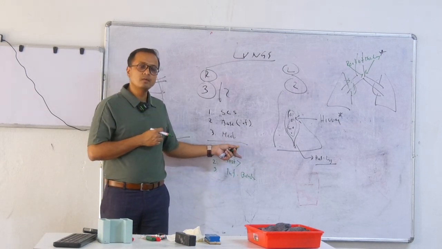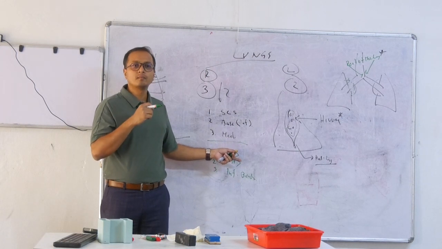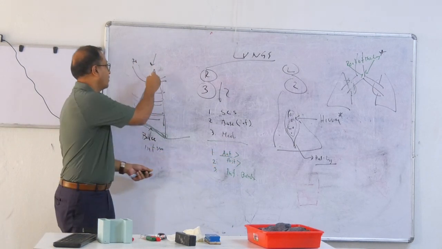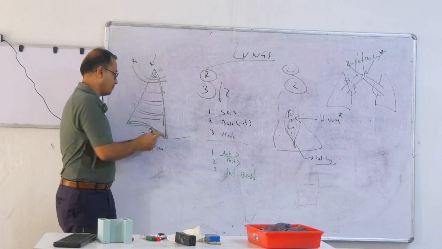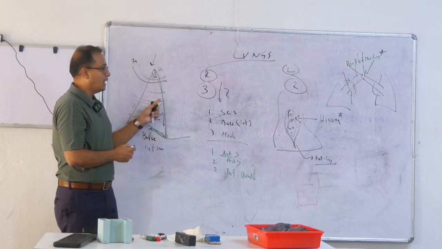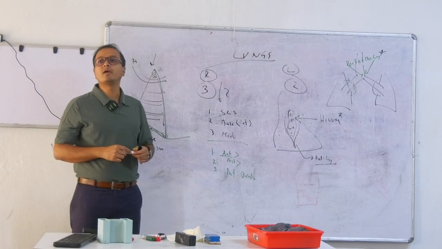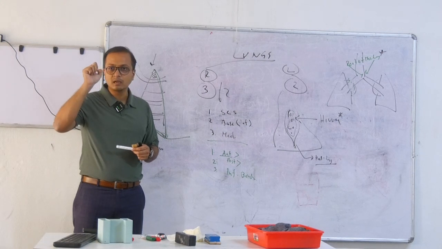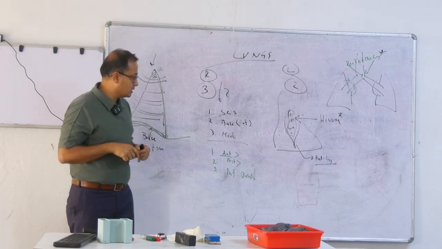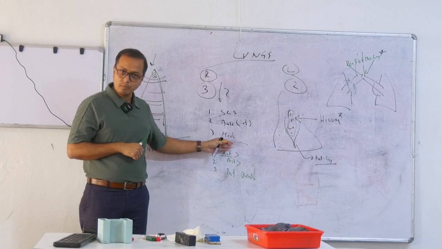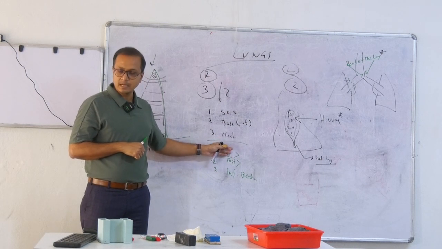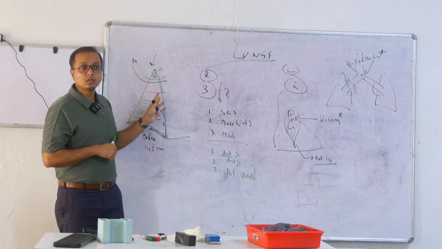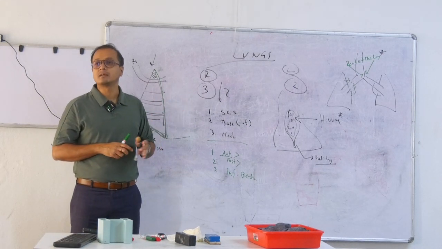The anterior border is sharp, projected, you can feel it throughout the length, running down from the apex to the base, and it looks like an elephant's ear. So this anterior border is sharper, projected, pointed, extending from the apex to the base, and it looks like an elephant's ear.